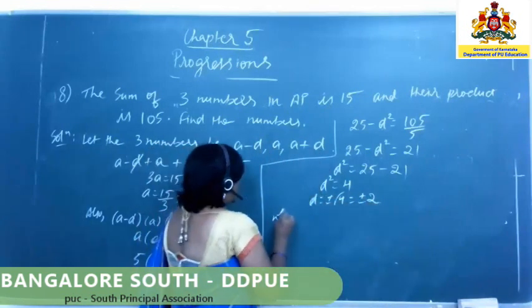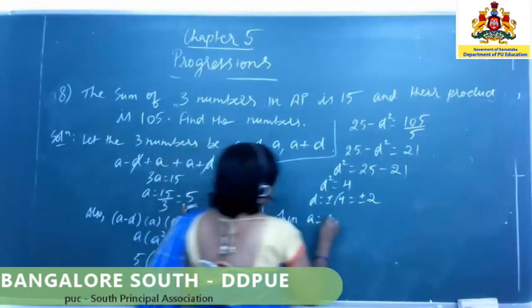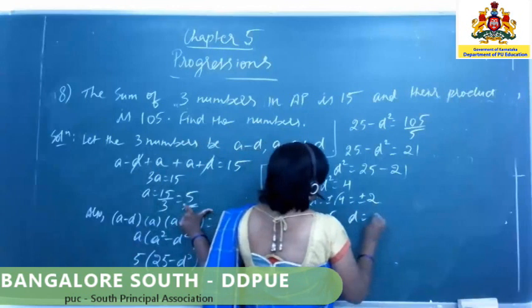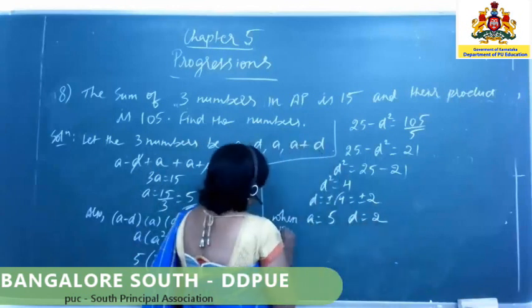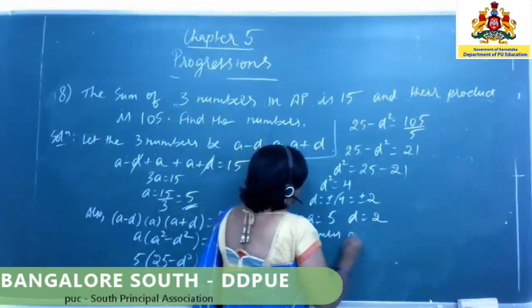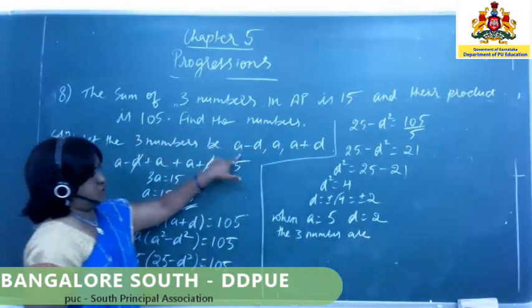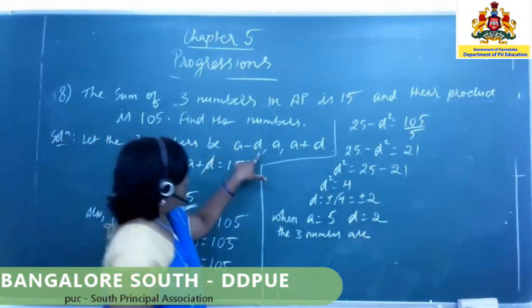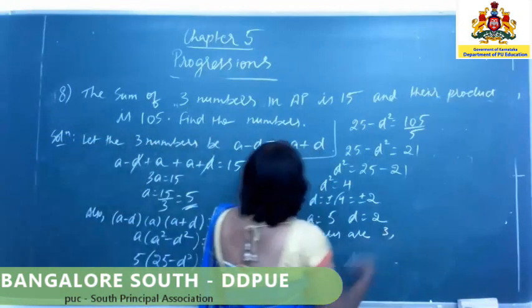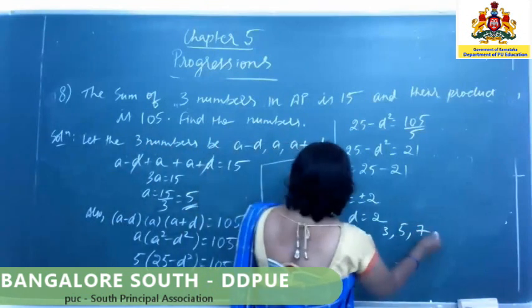So when a is equal to 5, d is equal to 2, the three numbers are, I can substitute in this, a minus d, that is 5 minus 2, that is 3, a is 5, then 5 plus 2, 7.